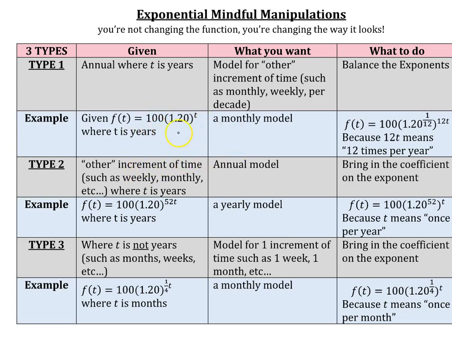And I want to know what this function would look like as a monthly model, meaning I want to know what percent I'm growing at per month. So instead of this being once per year, I want really 12 times per year. So in order to do that, I create this outside exponent to be a 12t.